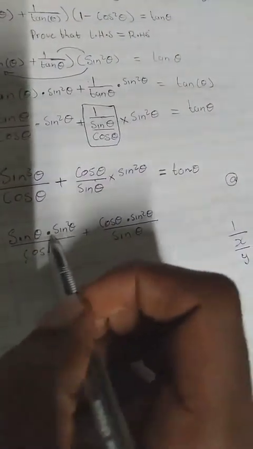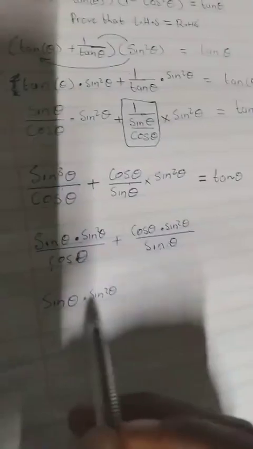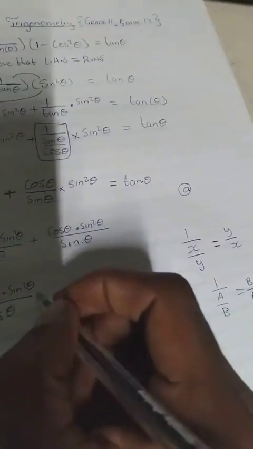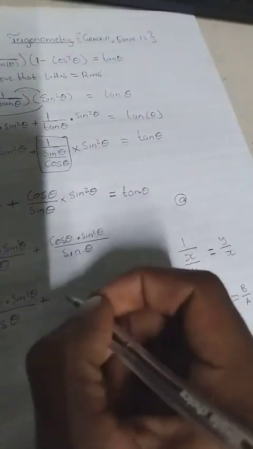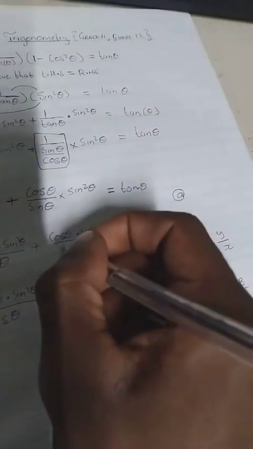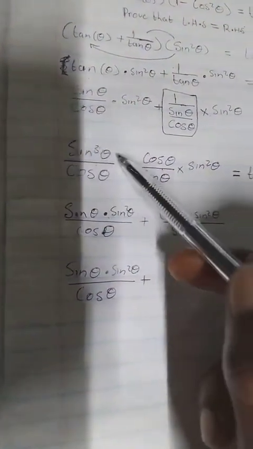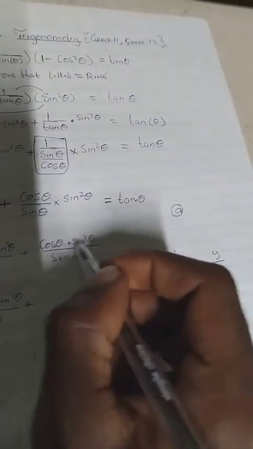This one I feel like it's not necessary, but let's leave it like that. So I'm just going to say sine theta multiplied by sine squared theta over cos theta, plus, if I cancel out, it's going to be sine cubed theta. Here I'm going to cancel out this theta and that theta.